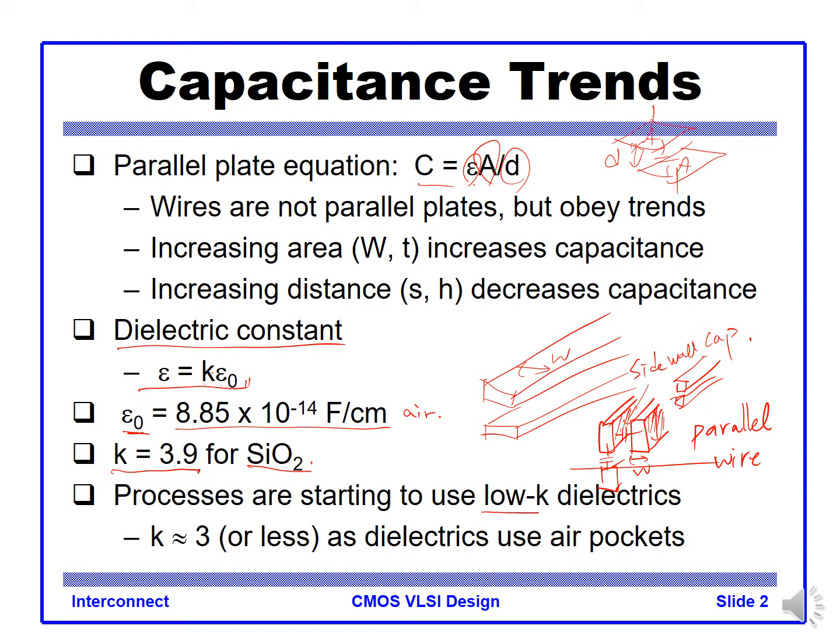Low K dielectrics lead to smaller capacitance, and this is a process requirement. Typically K is similar to 3 because the dielectric uses air pockets or something like that.